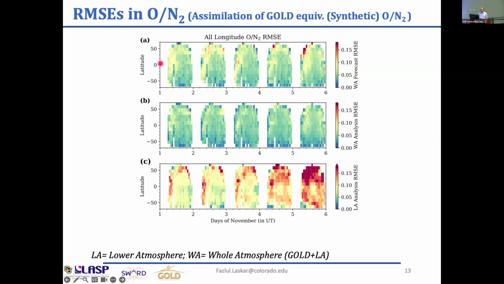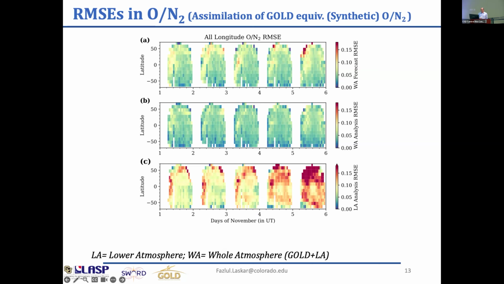When we did this kind of perturbation using all 3 different forcings, ultimately we got the results from the assimilation. Here I'm showing 5 days of RMS errors in O/N2, latitude versus time in UT or in days.